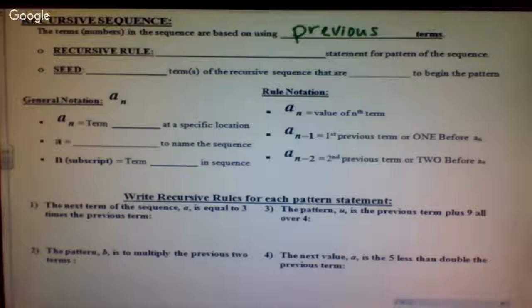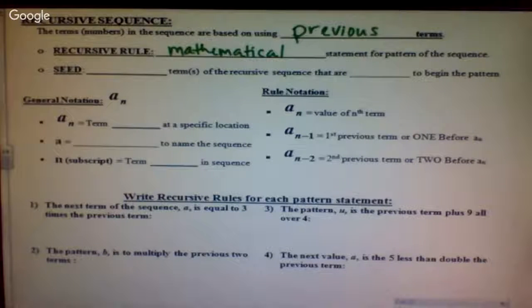Okay, so the recursive rule is the mathematical statement for the pattern of the sequence. Specifically, we use the word seed. Think about plants. What do you have to do to grow a plant? Water it.